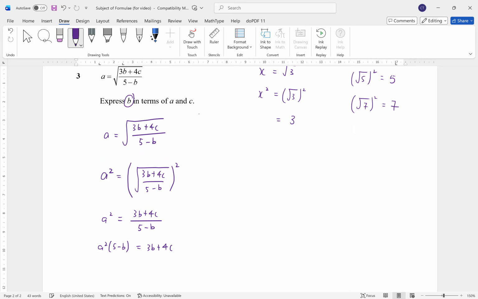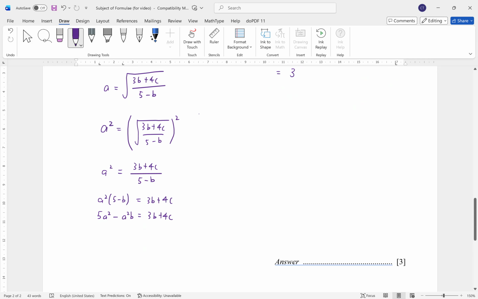Then you find that it's rather standard already, right? Expand. Bring the terms with b to one side, but at the same time, try to minimize the number of negative values. So over here, you realize that it will be better to group the non-b terms on the left side.